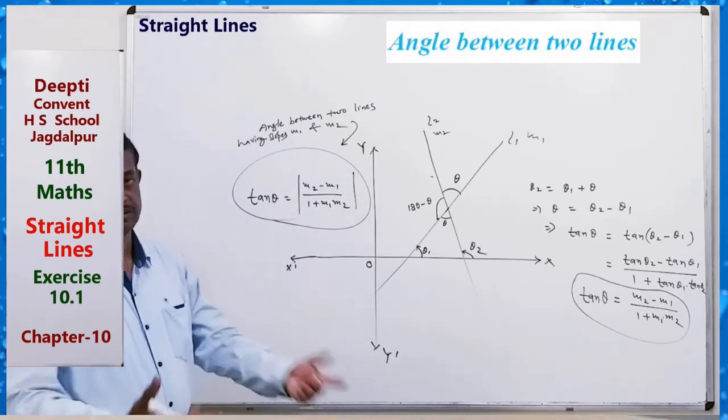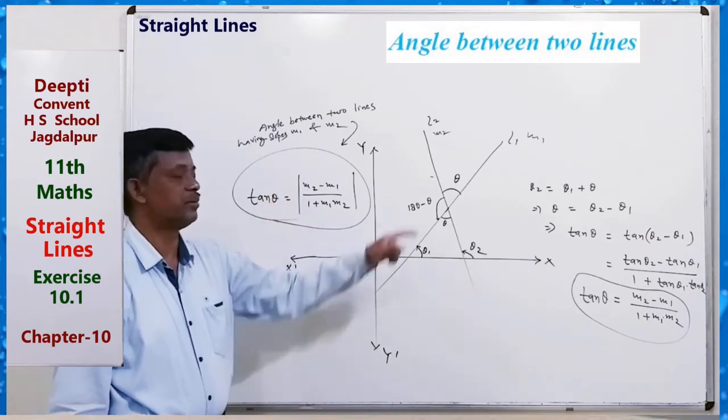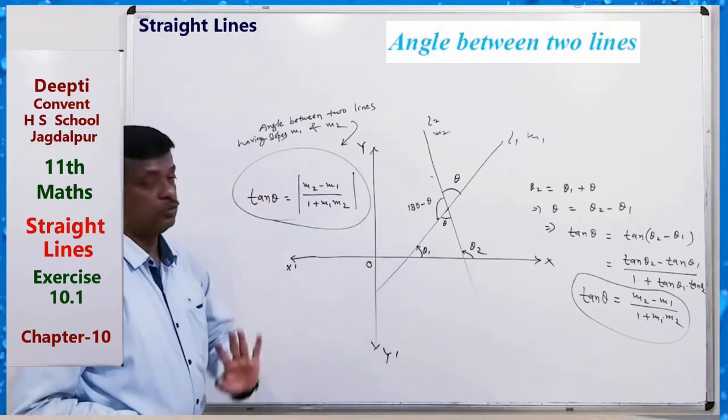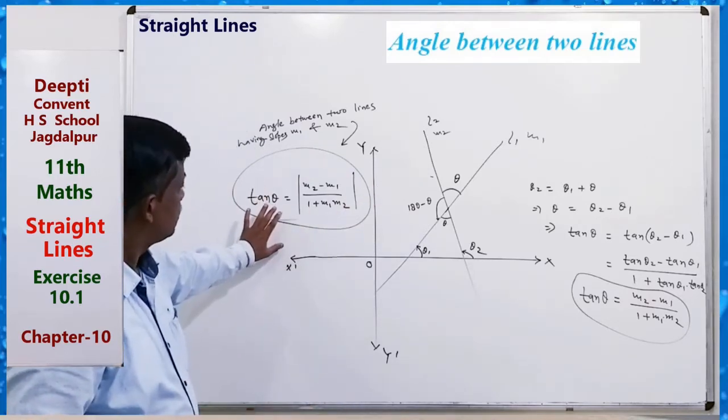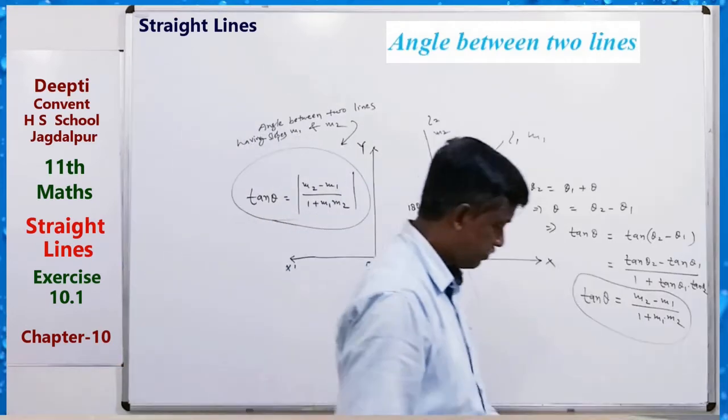For getting the other obtuse angle, just subtract the value of theta from 180. So you can get the obtuse angle between two lines. Okay, so this is the formula for the angle between two lines.